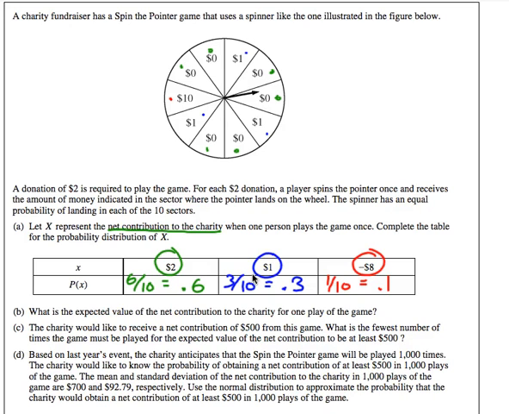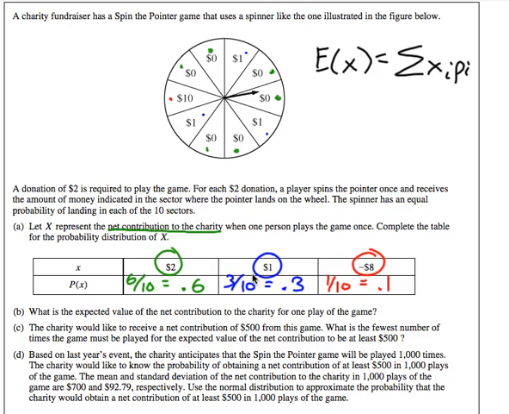But let's talk about B: what is the expected value of the net contribution to the charity for one play of the game? All right, expected value. This is a formula on your formula sheet. I can't show you the formula sheet, so instead, I'm just going to write up here what that formula would be. The expected value formula that you're looking for in your packet looks like this: summation of xi, pi.